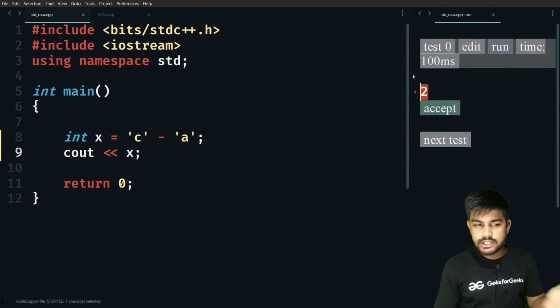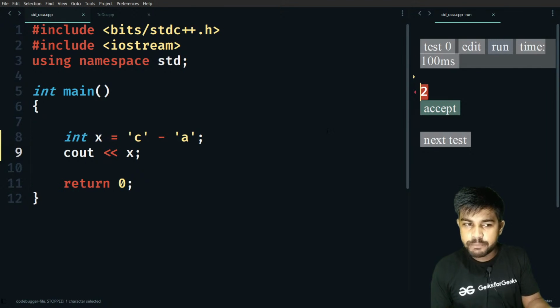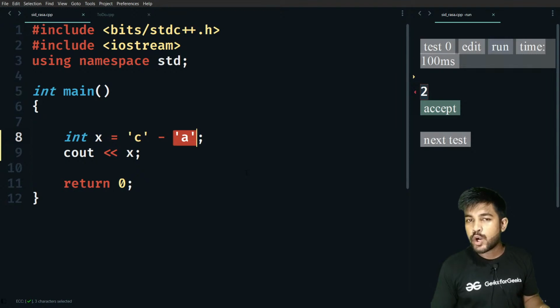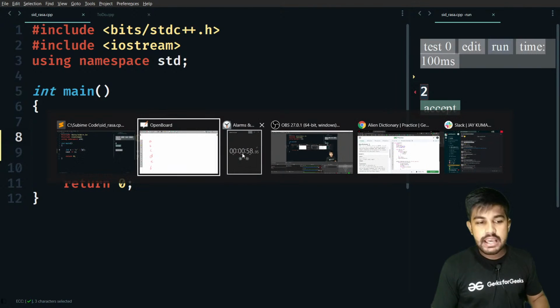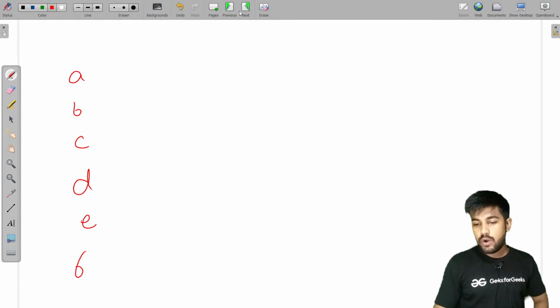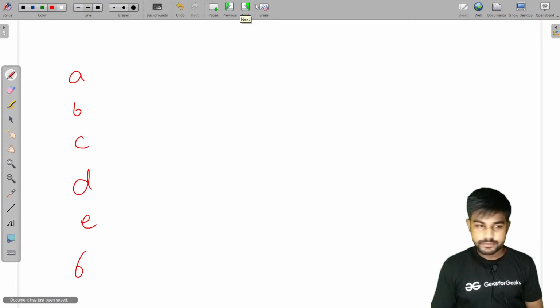So we can do the same thing, where 0 would represent A, 1 would represent B, and 2 would represent C by subtracting 'a' from it. But I want the problem to be as easy as possible. Now we would move forward.